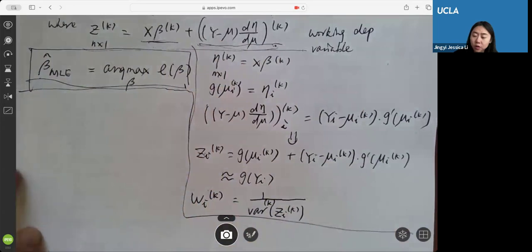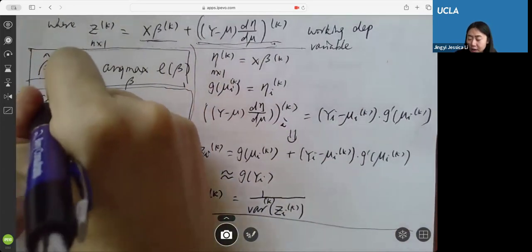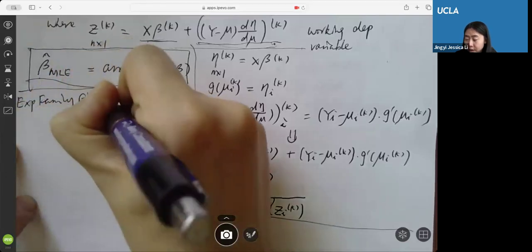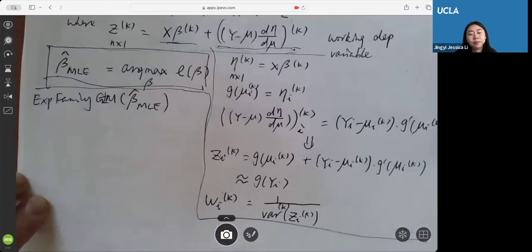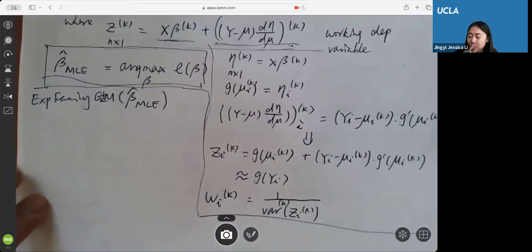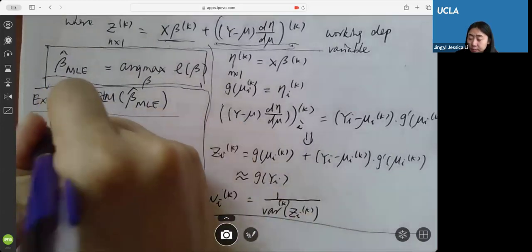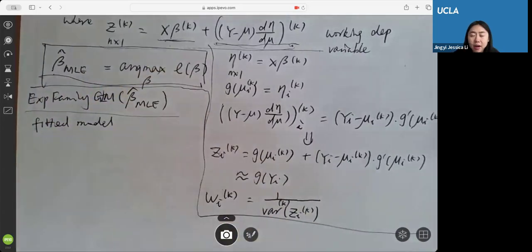Okay, so let's say that we have an exponential family GLM with parameter estimated as MLE beta hat. So this is what we call a fitted model, because beta hat MLE is estimated from data. So we hope that this model can fit well to our data.